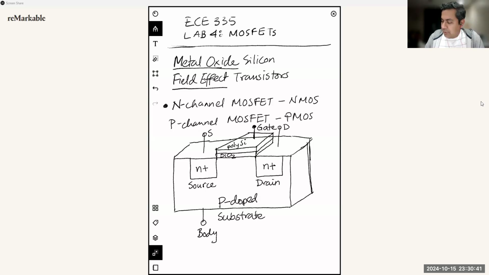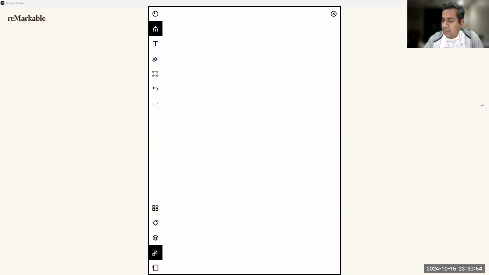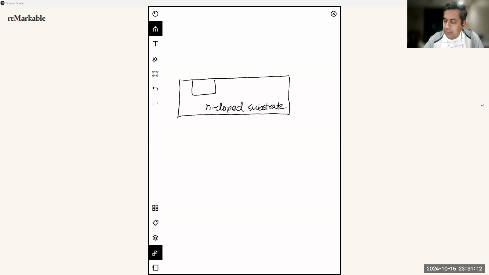If you consider a P-channel MOSFET, then all the areas will flip. So I'm going to draw that now. For the P-channel MOSFET, what you have is an N-type doped substrate, or body. Then you have a P plus doped source and a P plus doped drain.